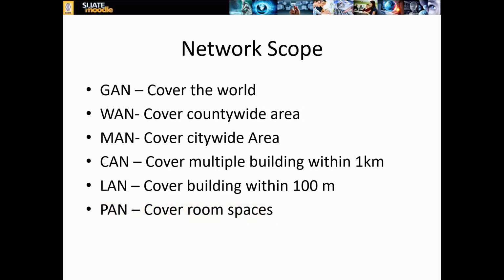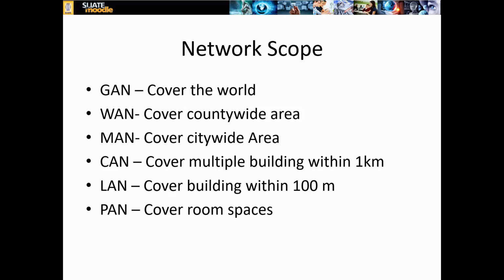All these types are based on the scope of the area they cover. GAN covers the whole world, WAN covers a countrywide area, MAN covers a citywide area, CAN covers multiple buildings within about 1 kilometer, LAN covers a building within about 100 meters, and PAN covers the space of a room.